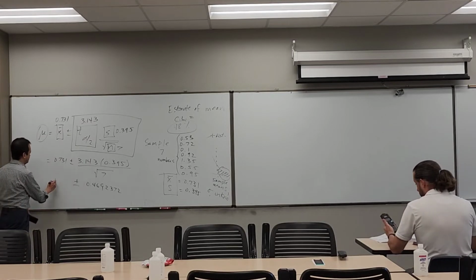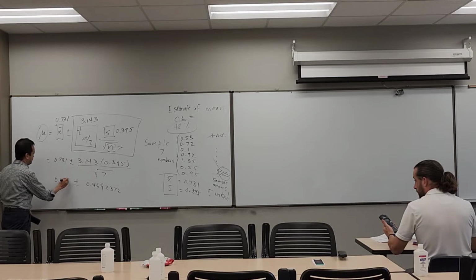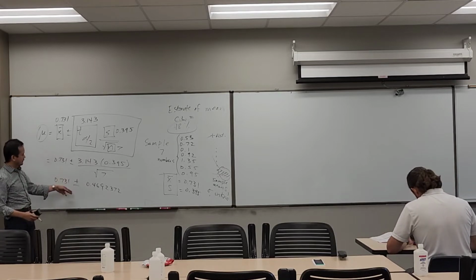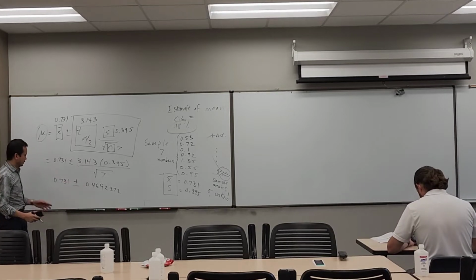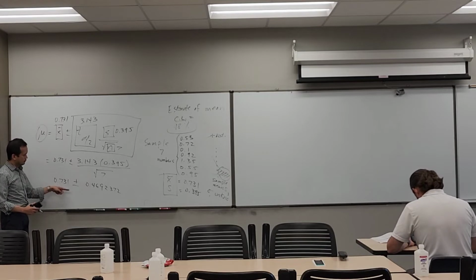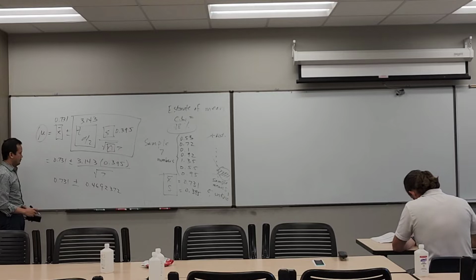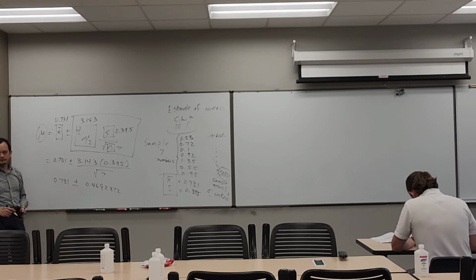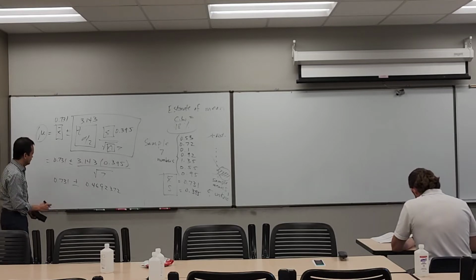Okay, and then you take 0.731 and add and subtract this margin of error. So the lower bound will be 0.731 minus 0.4692, which is 0.2618.